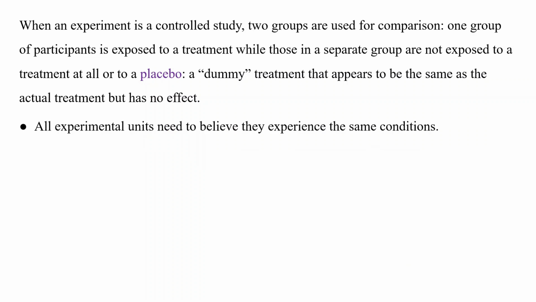So in order for an experiment to be totally controlled, we do that because they need to believe they are experiencing the same conditions. If we're testing out a new depression medication, we need everyone to believe that they are getting the treatment when they are actually not getting the treatment, right?